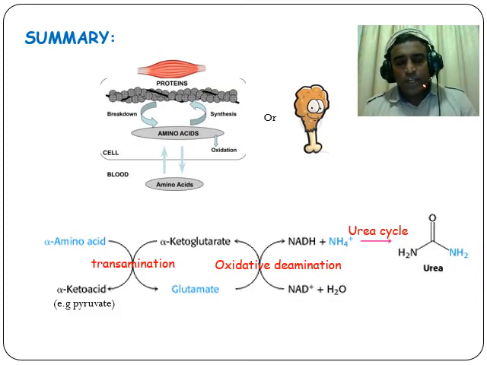This slide gives you a summary of the two reactions, transamination followed by oxidative deamination, which eventually gives rise to free ammonia as well as the carbon skeleton, which is composed of alpha keto acids such as pyruvate.